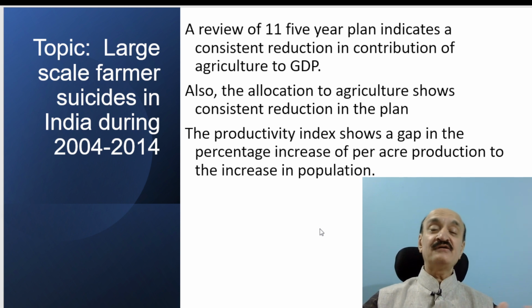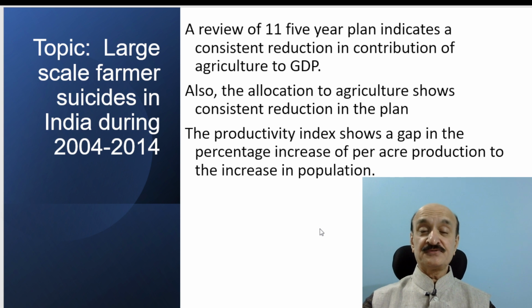In 1947, agriculture contributed about 50% to the GDP. Today, it is less than two digits. Also, the allocation to agriculture shows consistent reduction in the different plans. Further, it was also observed that the productivity index was showing a gap in the percentage increase per acre production to increase in population.